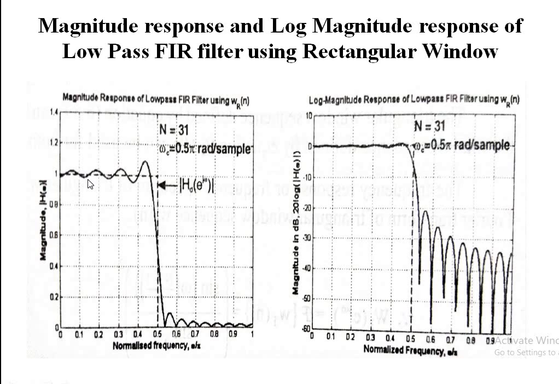There should be a sharp transition with respect to the ideal frequency response, but here we have a gradual transition, and this is what we call a transition band. In the pass band, a series of overshoots as well as undershoots occur, and in the stop band the ideal response is 0, but you can see some non-zero responses, and we call this leakage.